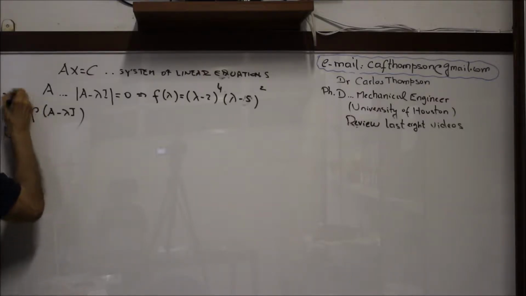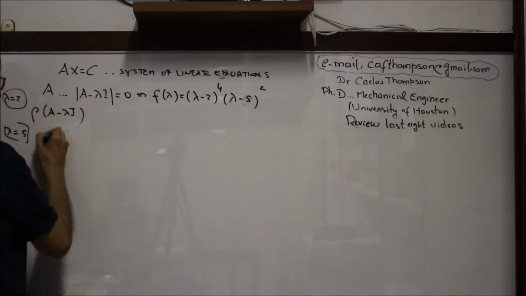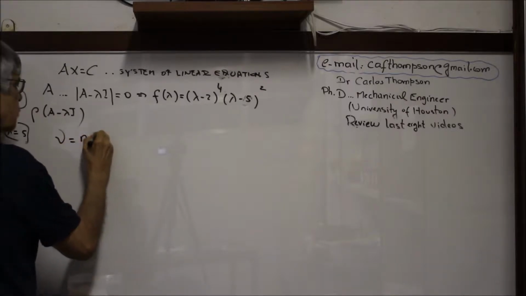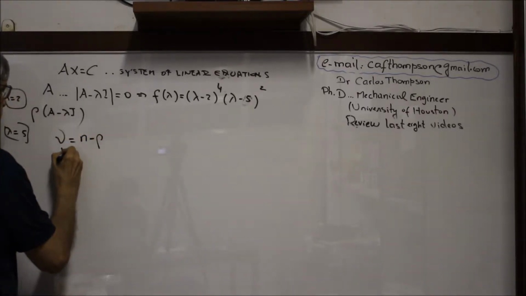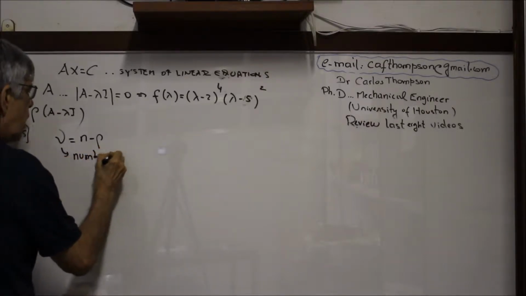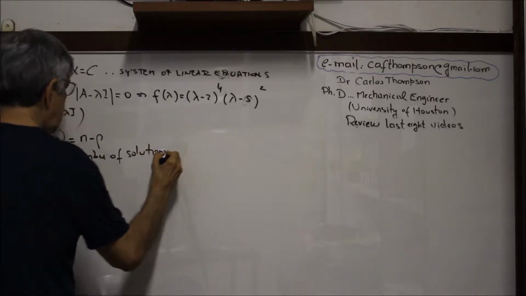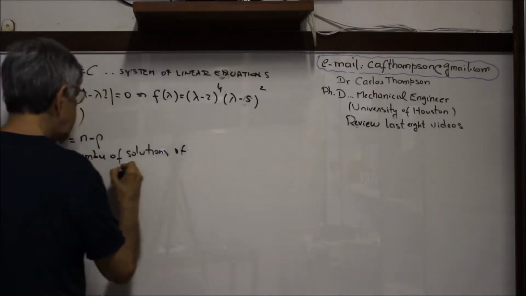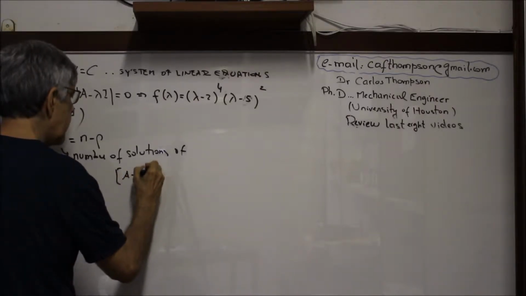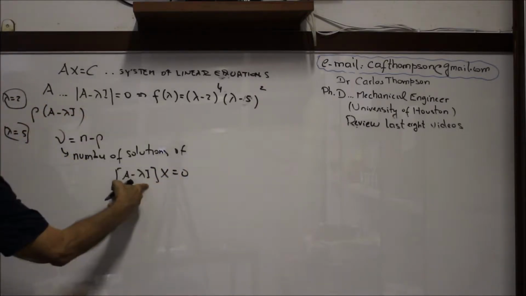In this particular case, we obtain the nullity nu, which is n minus rho. This is the number of solutions of the equation A minus lambda I x equals 0, for each lambda.